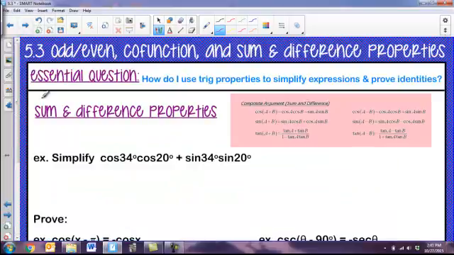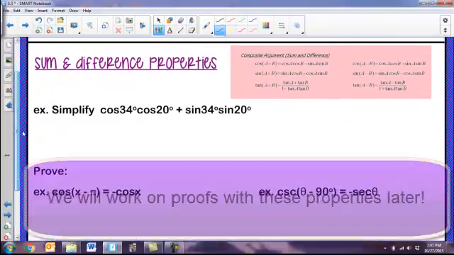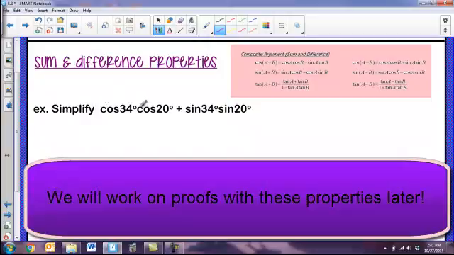So let's look at an example. We have: simplify the cosine of 34 degrees times the cosine of 20 degrees plus the sine of 34 degrees times the sine of 20 degrees. As soon as you see that you have matching angles in here, you know that we're dealing with some sort of composite argument type stuff.